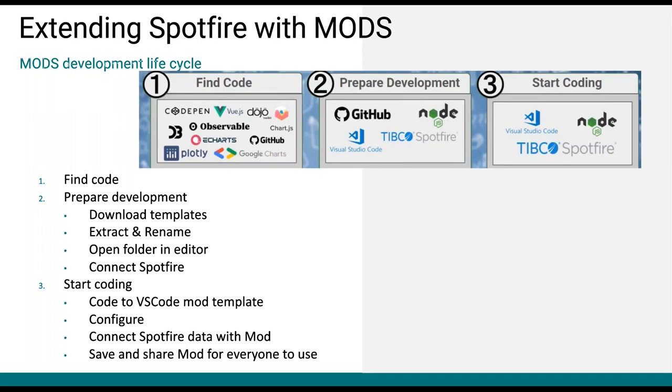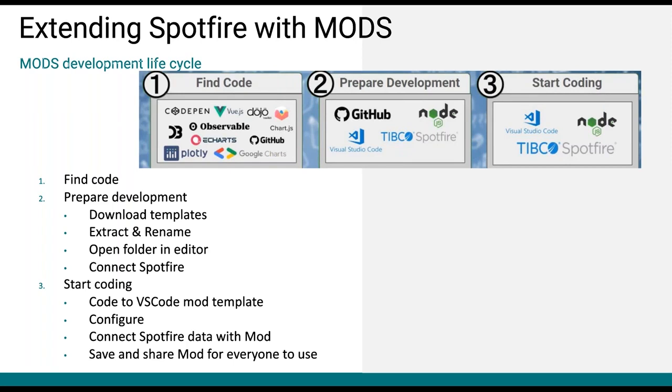If some of you are already familiar with extending Spotfire, we have, for example, C# extensions, IronPython, R, and Python scripts. All of them are quite independent from Spotfire in the sense that you have to develop elsewhere, compile, maybe deploy, and then see how it works in Spotfire, right?